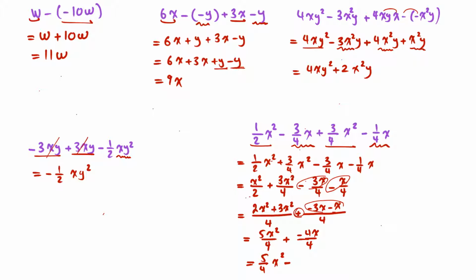So it becomes 1x. So I don't even actually have to write the 1 because 1 multiplied by anything is just itself. So I will just write x over here. And that will be my final answer.